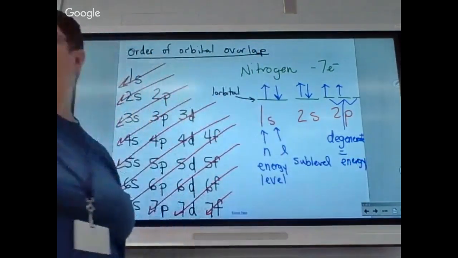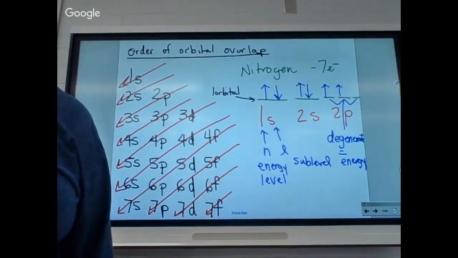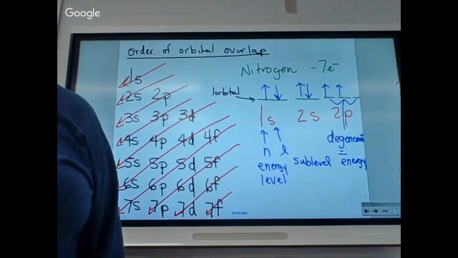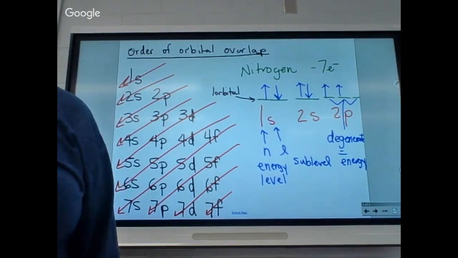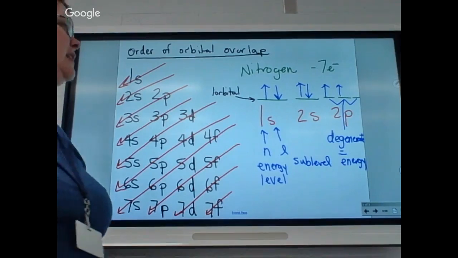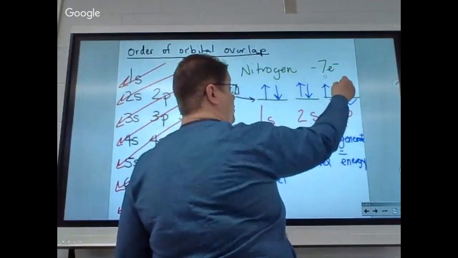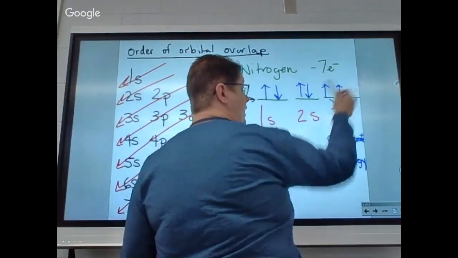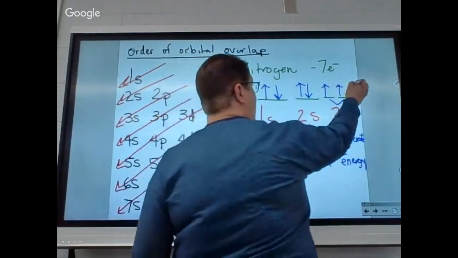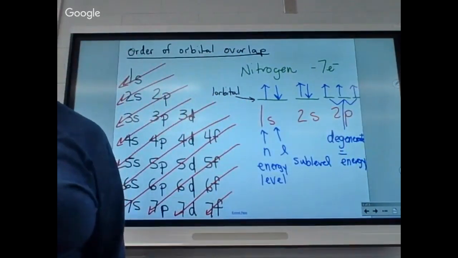They're all the same. Do they have to share a room if they don't have to? No. Sometimes your parents had more children than they had space for, and sometimes you have to share. But in this case, we have 6 electrons. Number 7 has to choose: share with these 2 or take his own room. He's taking his own room. He's not going to share until he has to.